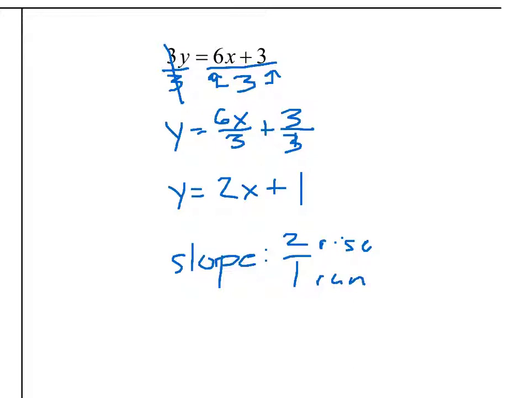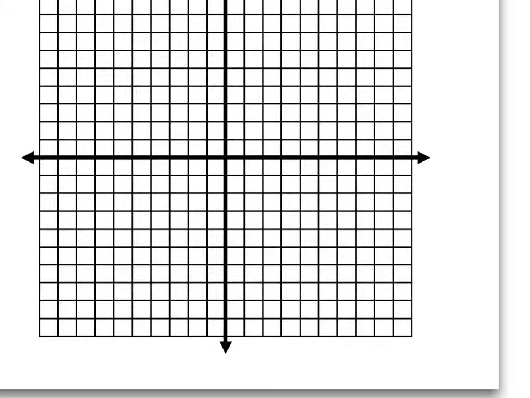And my y-intercept, Grace? 0, 1. So bring it down. Y-intercept 0, 1. This time we have rise 2, run 1.